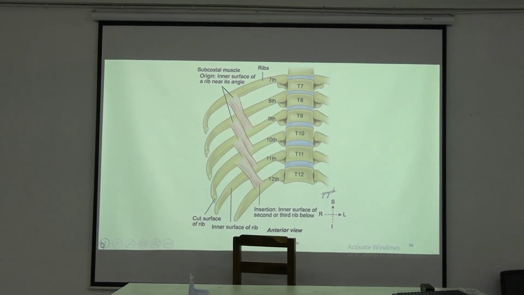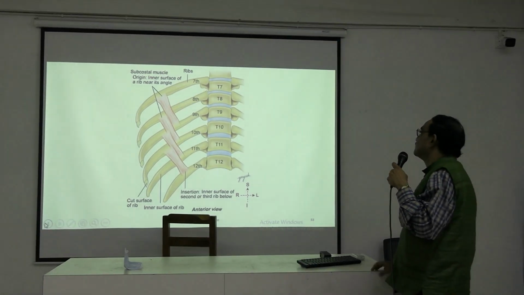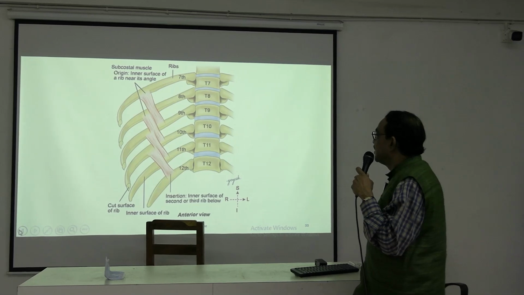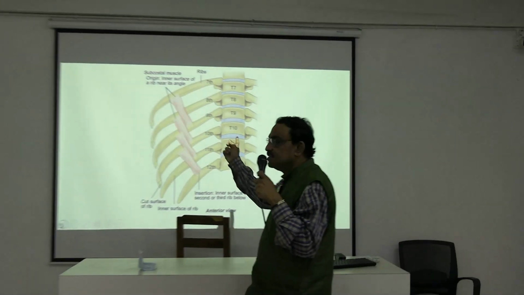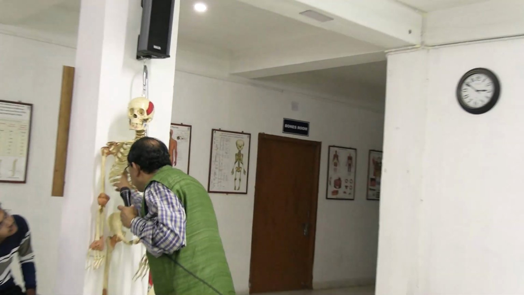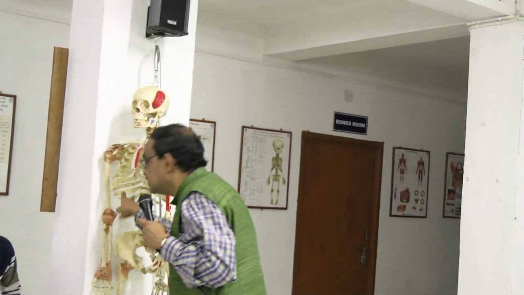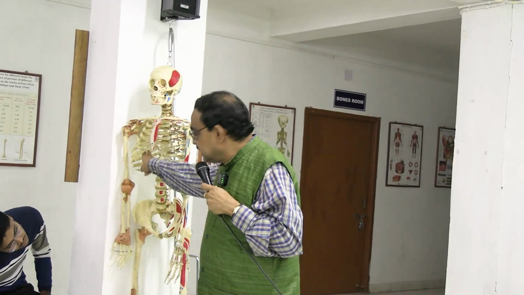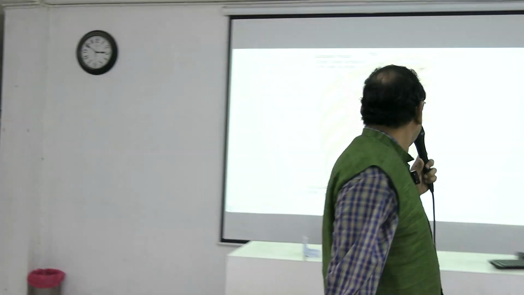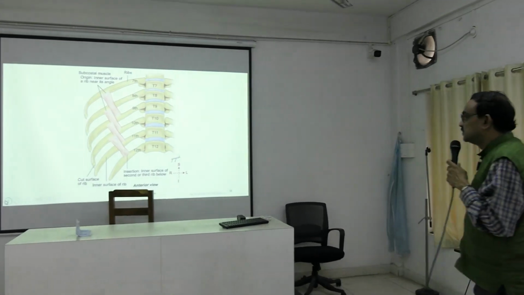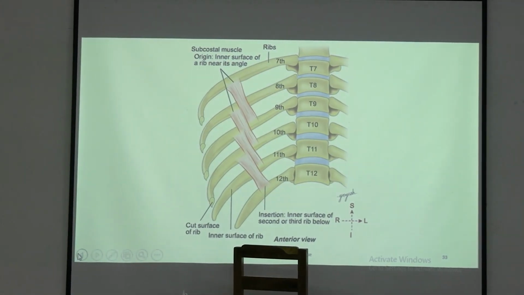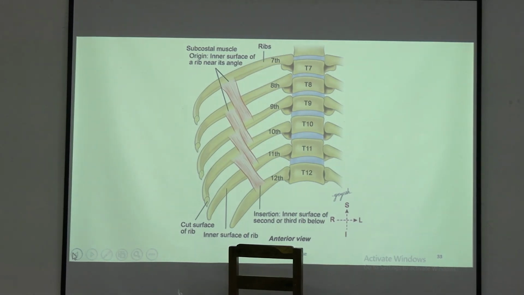Another set of muscles we can see. This view is from the front. We can find there are some muscles in the lower intercostal space, on the posterior aspect, from one rib to another. These muscles are called subcostalis.